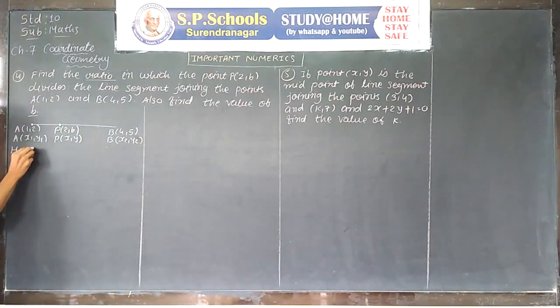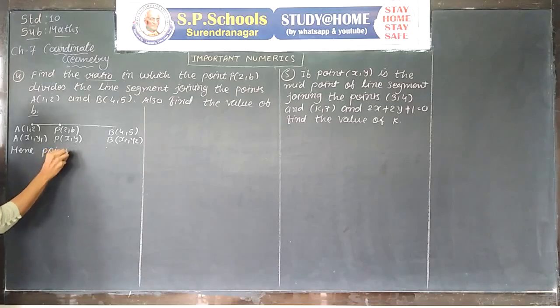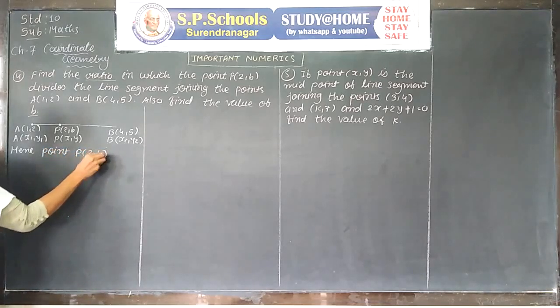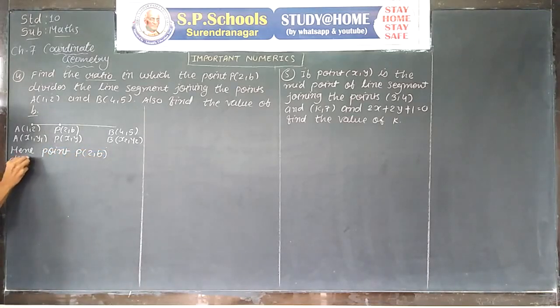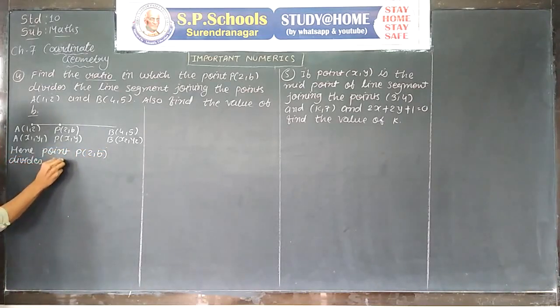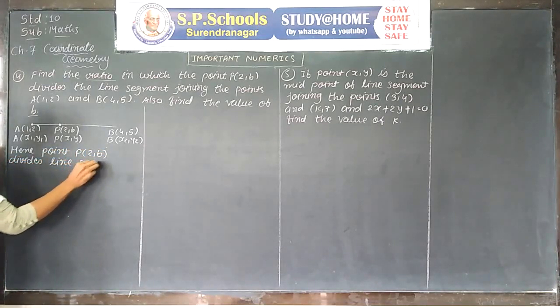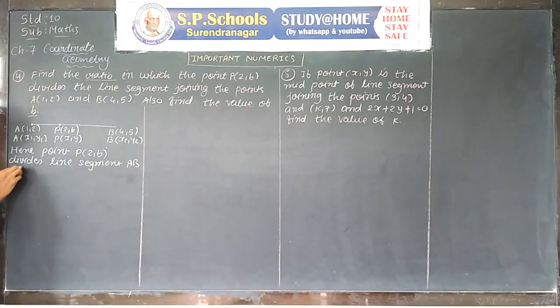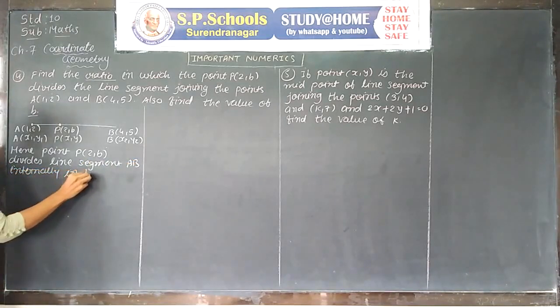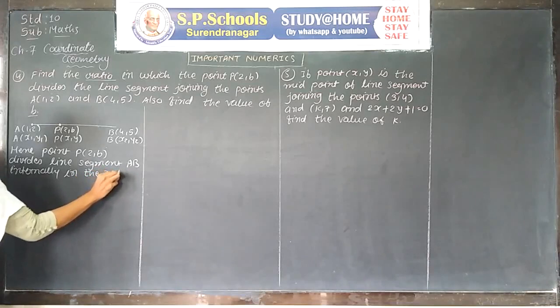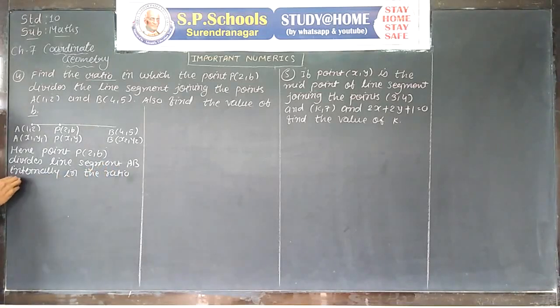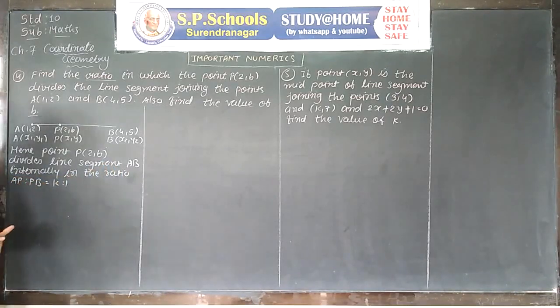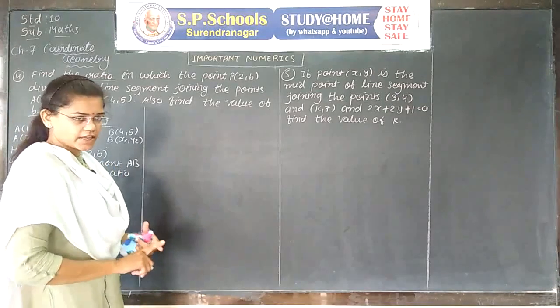Here point P(2, k) divides line segment AB internally in the ratio AP:PB is equal to k:1. Whenever we find the ratio, take it as k:1.